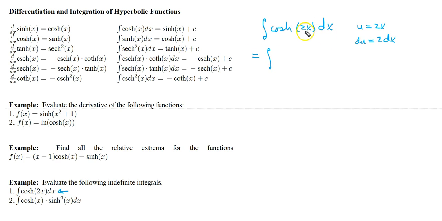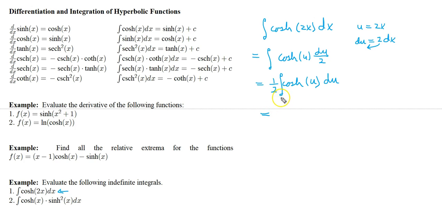and then doing our substitutions, 2x becomes u. dx is going to become du over 2 when I divide the 2 underneath the du. Pull the 1/2 out and in front.